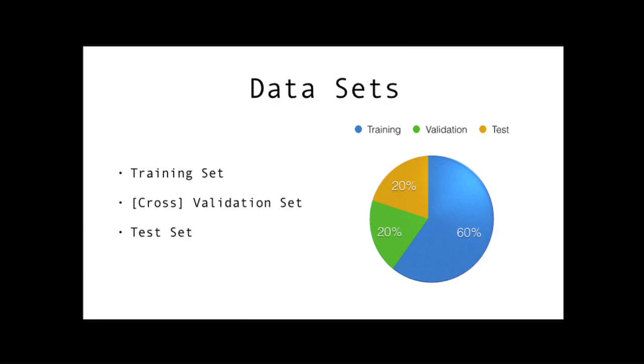The cross-validation set is a test set for comparing the models, one versus the other, or even tweaking the parameters of the model a bit. And then finally, to see the performance, hopefully a reflection of the performance that you'll see in the real world on the final system, we use another set of data which we call the test set.